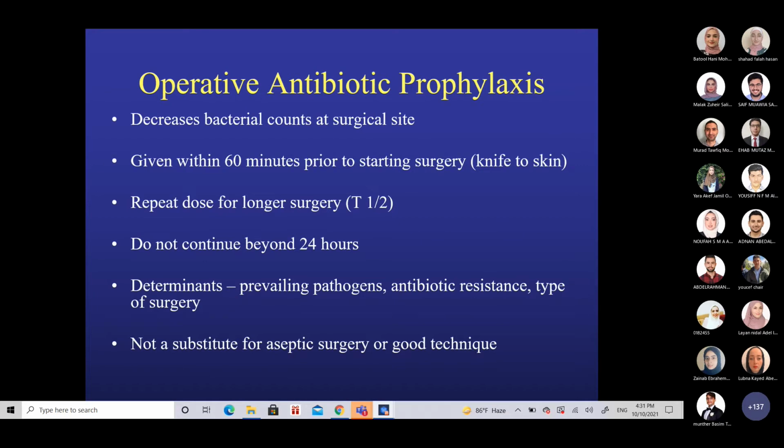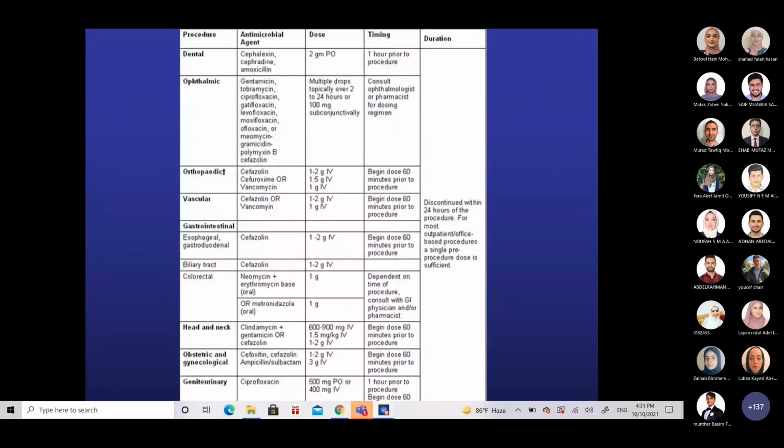Of course, all of this must go along with the use of all precautions to decrease the risk of surgical site infections. As we said, this is an example of the instructions, the recommended use of antibiotics in one of the institutions. Regardless of where, what matters is that according to the type of procedure there is an antimicrobial agent used for it. Of course, there are usually different options.